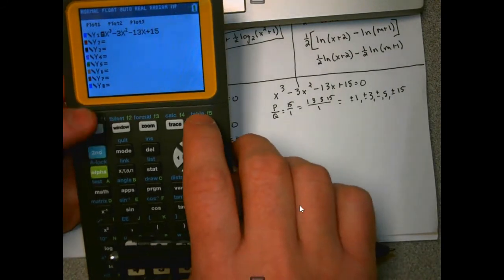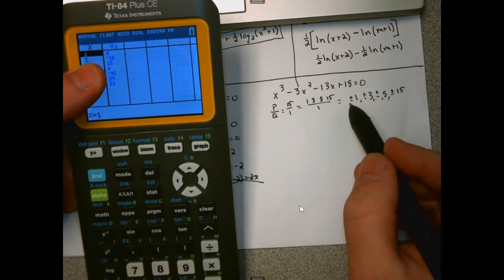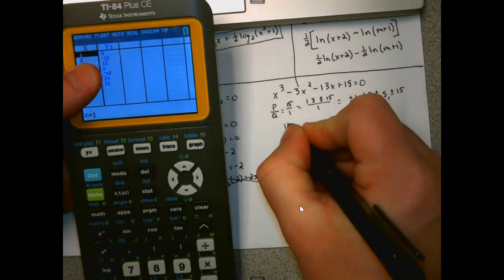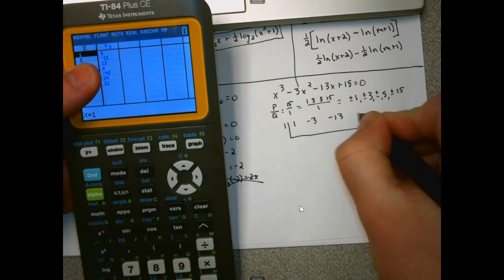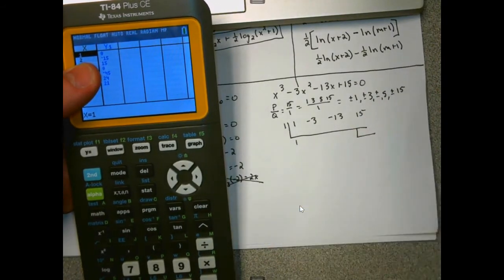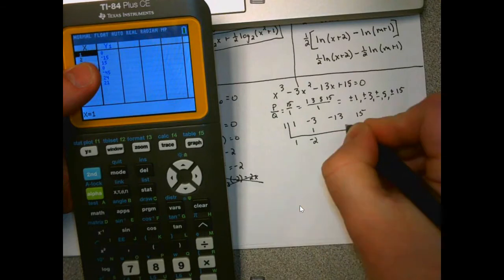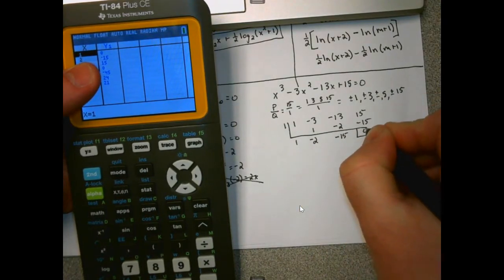And if I look at the table, I'm going to go ahead and put these numbers in. You see I already have a 1 in there, so 1's a 0. So I'm going to do synthetic division with 1. So 1, minus 3, minus 13, 15. So that's 1, 1, negative 2, negative 2, negative 15, negative 15, 0.